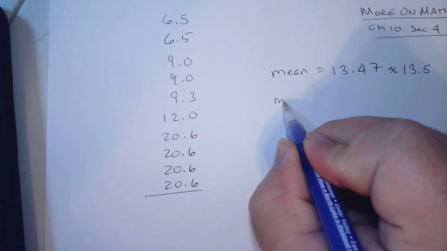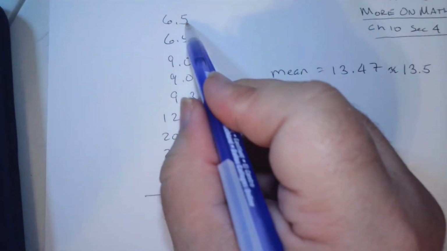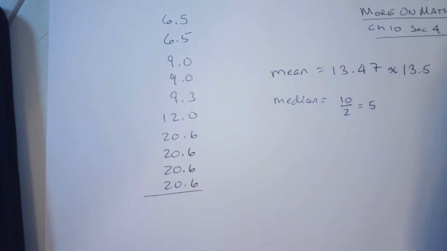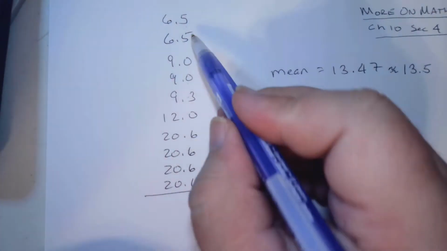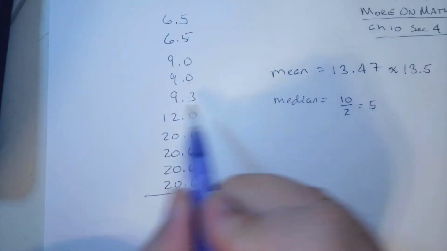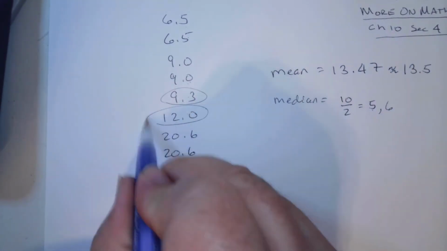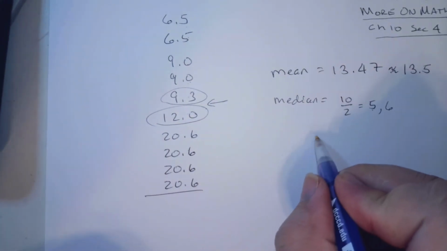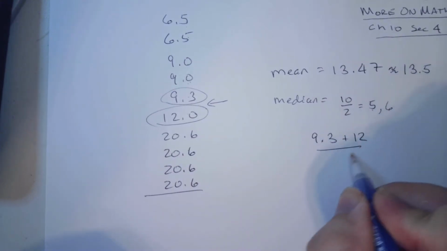Okay, the median. Since we have 10 numbers, we divide that by 2, we get 5. So we go to the 5th number, 1, 2, 3, 4, 5, and the next number, because the median is going to be between those two numbers. Add the two numbers and divide by 2.